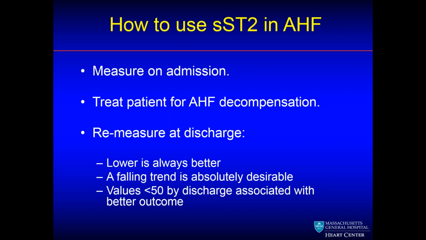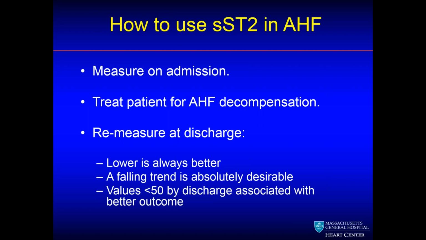So we treat the patient for their decompensation. We adjust their guideline-directed medical therapy, and then we remeasure at discharge. And what has been found, of course, is that lower values by discharge are always better than higher. And certainly we hope to see a declining, a falling ST2 concentration.